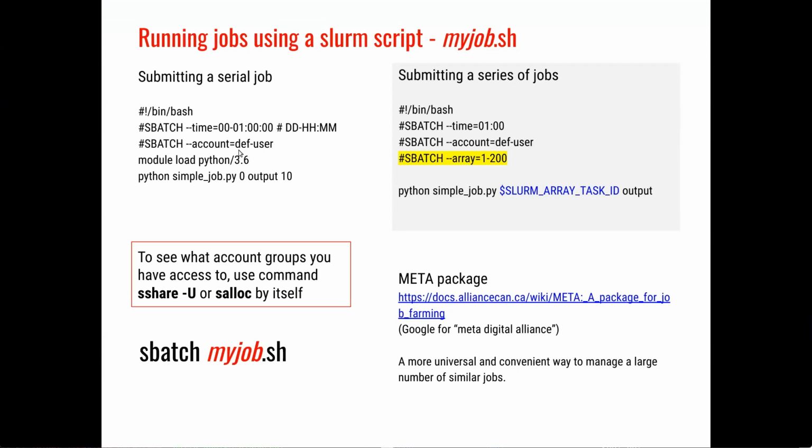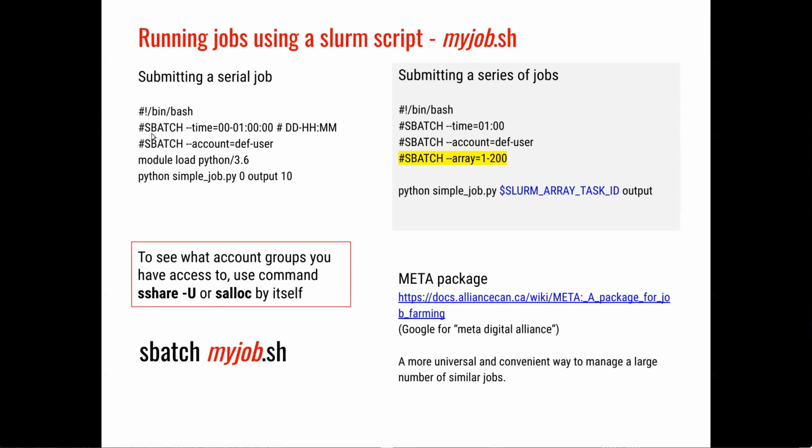For example, everyone has a def-piname group account. And some people might have multiple group accounts. For example, you have an rrg-piname or rpp-piname if your group has resource allocation from Alliance.